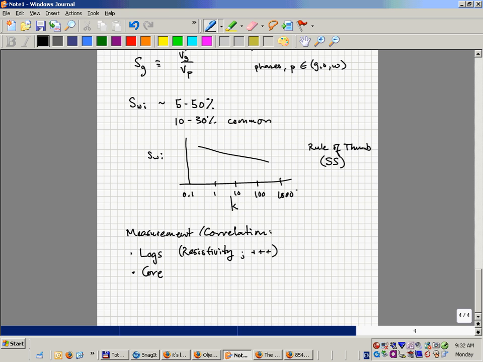It's mainly the resistivity. And core, this is very difficult to know for sure that the water saturation hasn't changed when you take the core from down in the reservoir to the laboratory. So it's difficult to get very accurate connate water saturations and irreducible water saturations from core data.